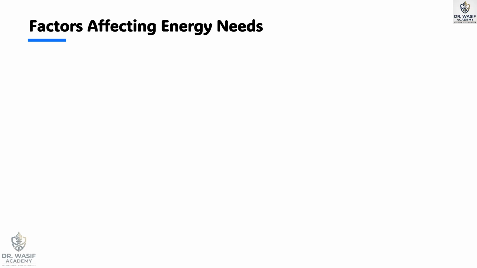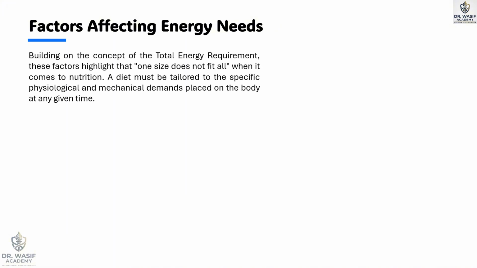Now, building directly on our formula for total energy requirement, let's look at the real world variables. These factors prove definitively that when it comes to human nutrition, a one size fits all approach simply does not exist. A healthy diet must be precisely tailored to the specific mechanical and physiological demands placed on the body at any given moment.